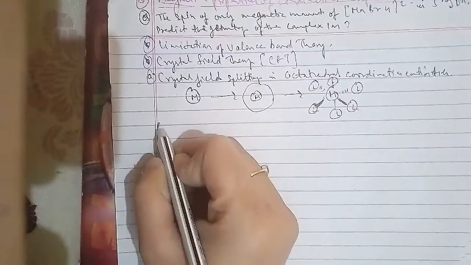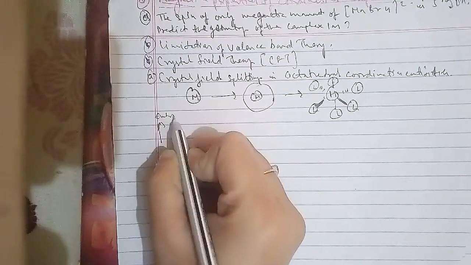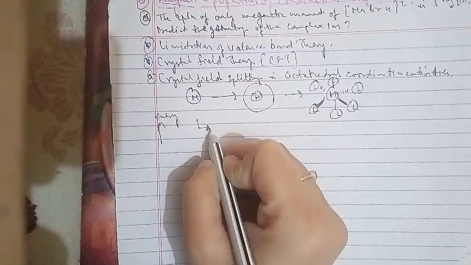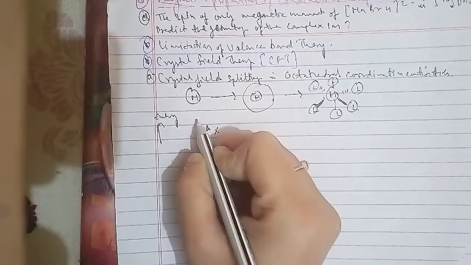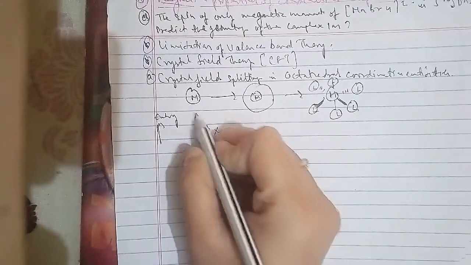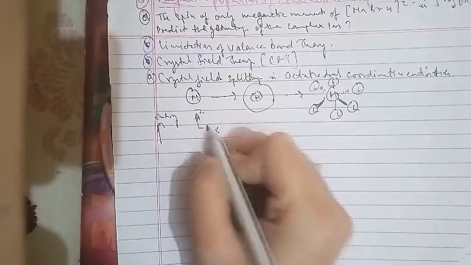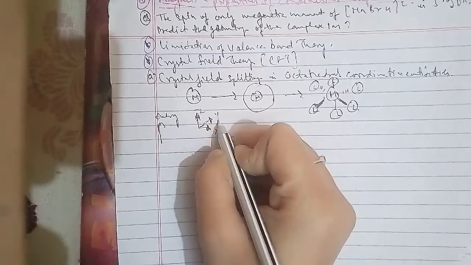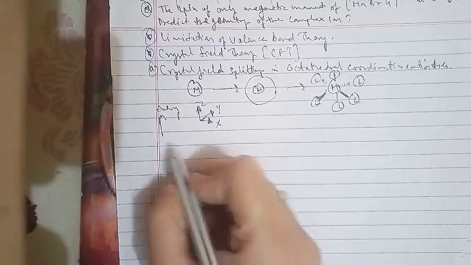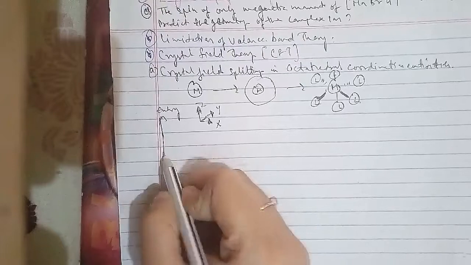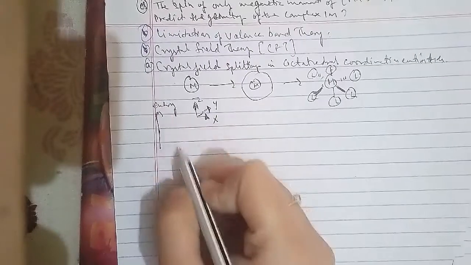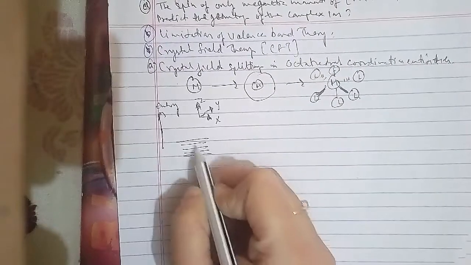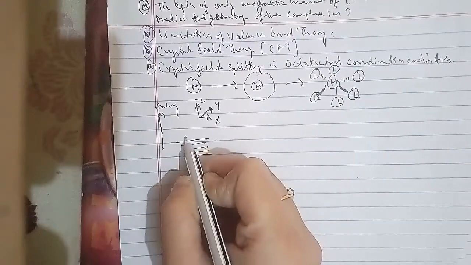This is the metal d orbital. Here it has been like this: dx2 minus y2, dz2. Here it has been representing a line which is E of g.